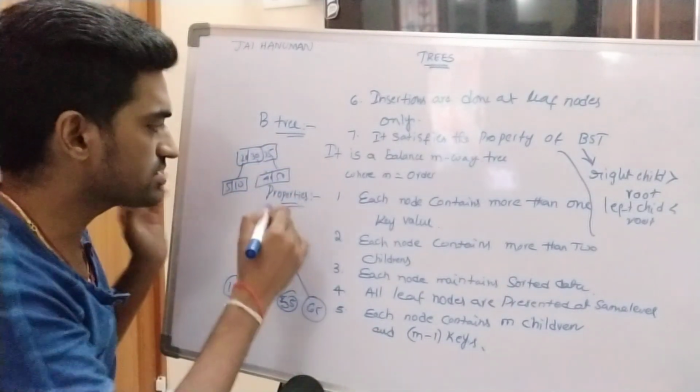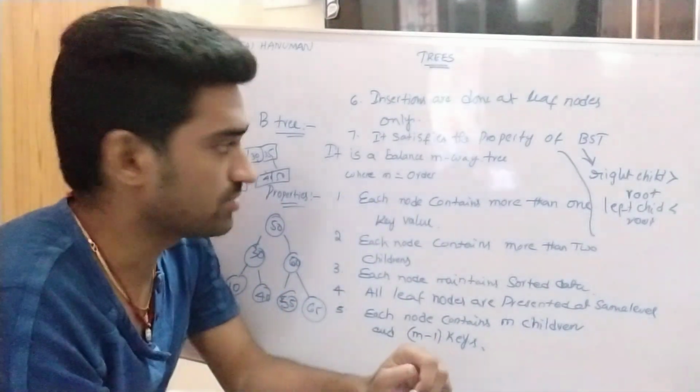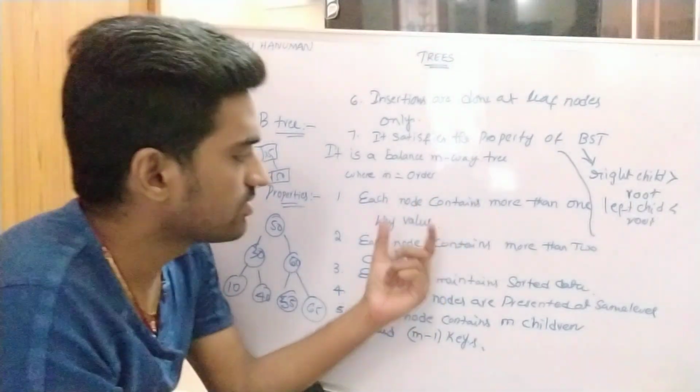Each and every node maintains more than one key value. So this is the first property of a B tree: each node contains more than one key value.